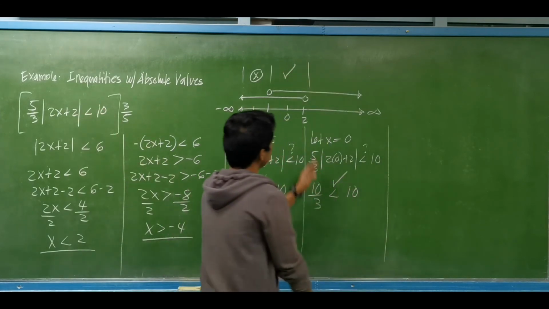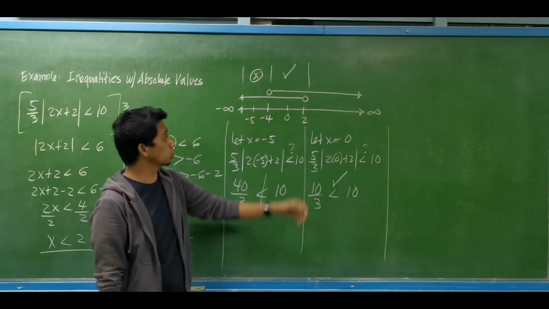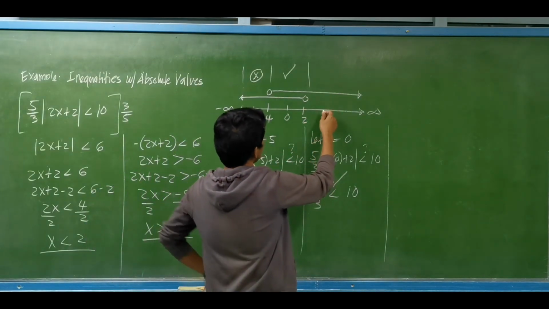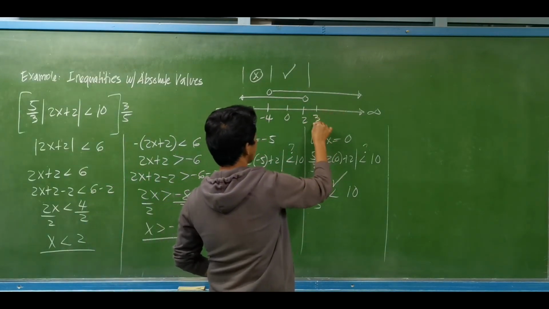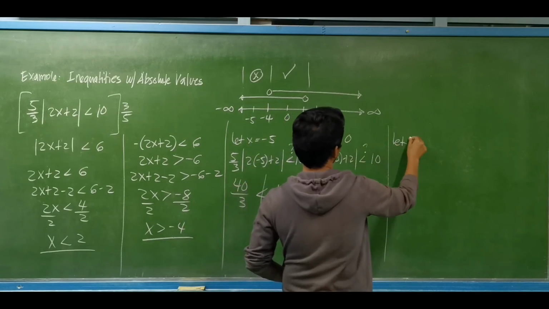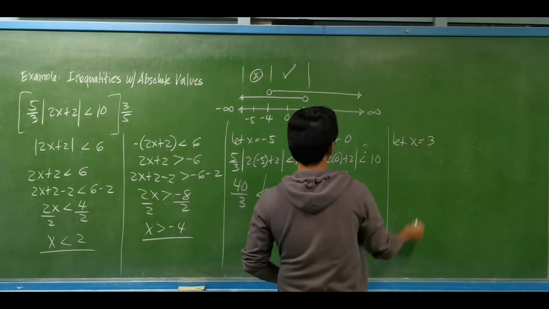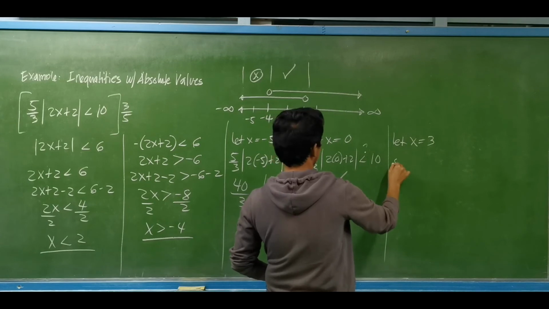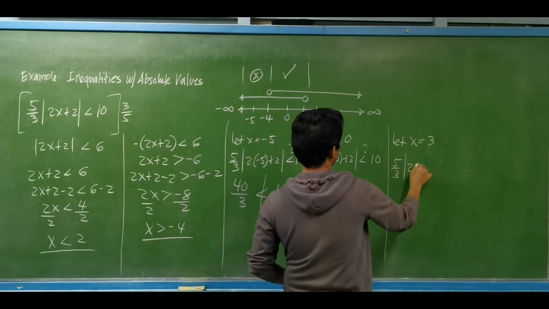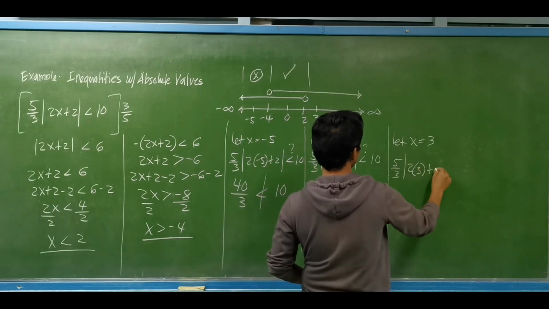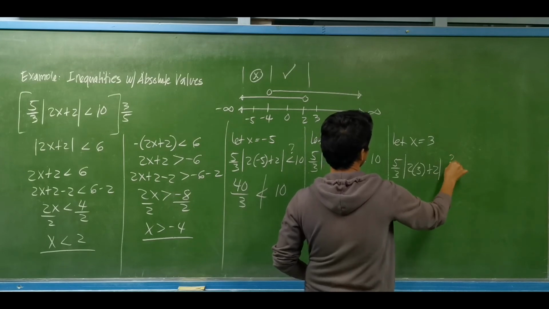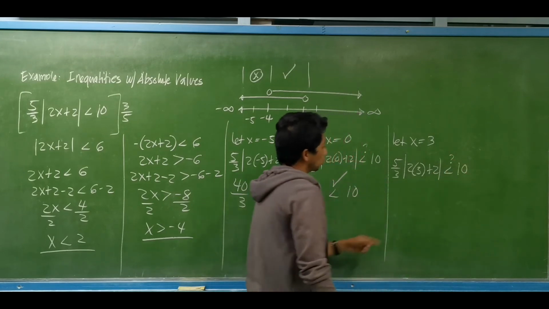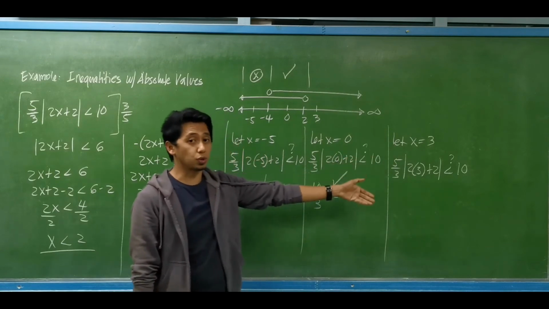Then we consider the last interval, from positive 2 to infinity. Let x equal positive 3. We have 5 over 3 times the absolute value of 2 times 3, plus 2, is it less than 10? So 2 times 3 is 6, plus 2 is 8.